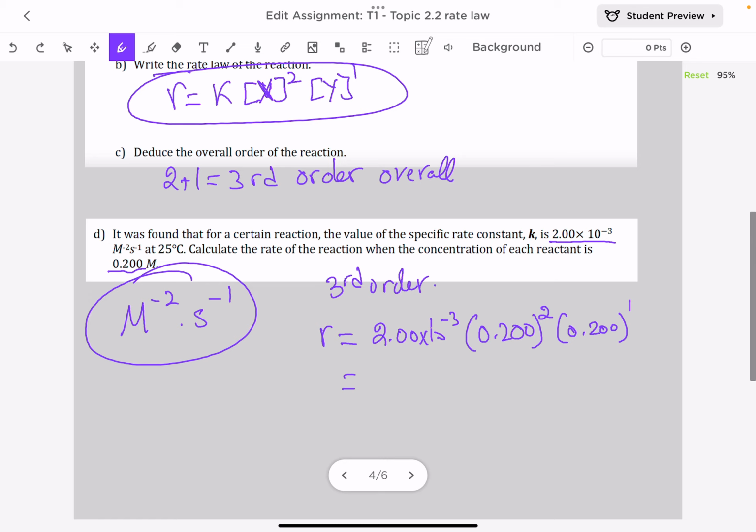I plug that into my calculator and I find the answer. The final answer is 8 times 10 to the power negative 3. What's the unit of the rate law? Molar per second.